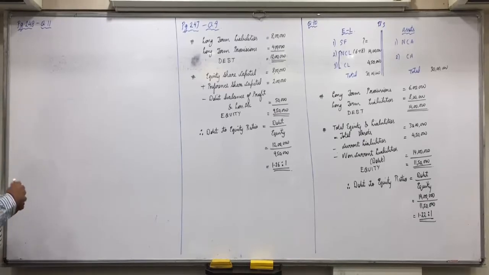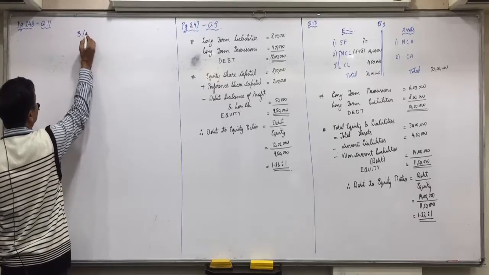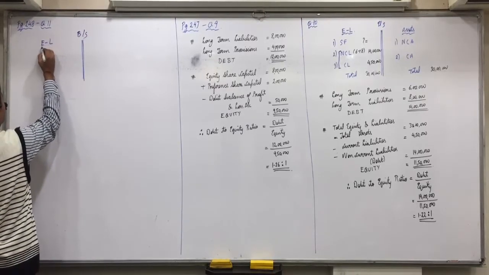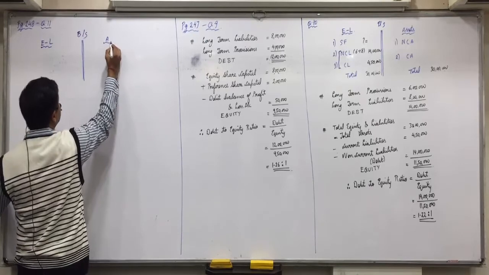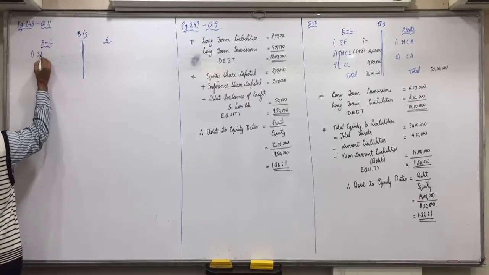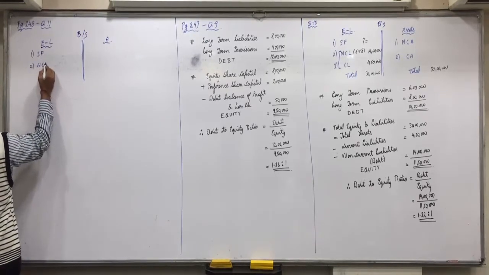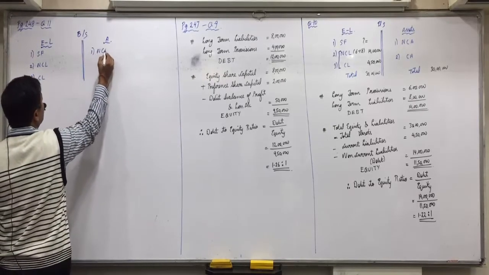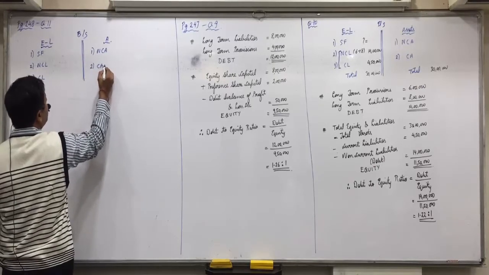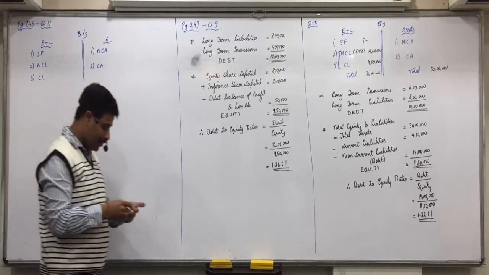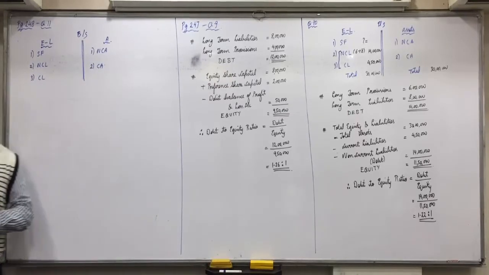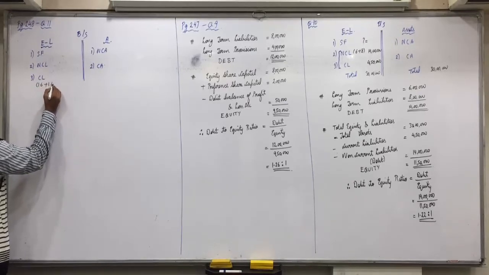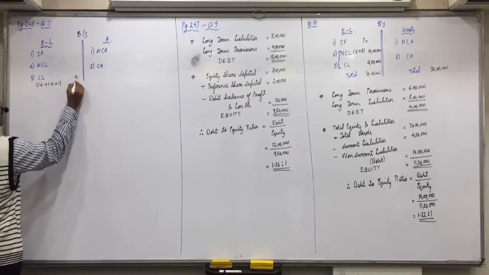Okay? Let us make it here also so that you understand it. Equity and liabilities and assets. This will include shareholders' funds, non-current liabilities and current liabilities. This will include non-current assets and current assets. Now, here current liabilities are 1,60,000, 1,40,000 and 1 lakh.